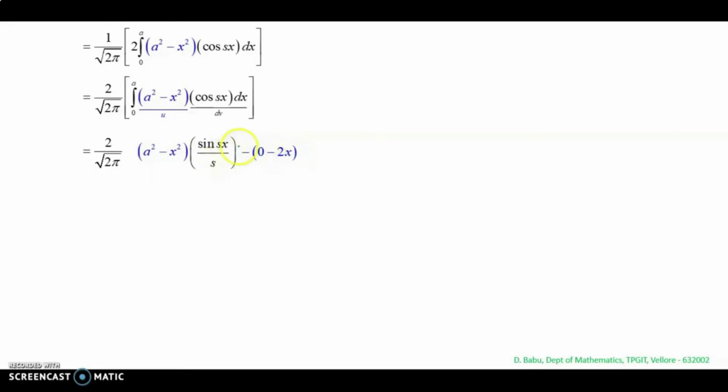Next, integrate the second bracketed term. Integration of sin sx is minus cos sx divided by s into s. Next, alternate sign, plus. Differentiate the first bracketed term, that is minus 2, and integrate the second bracketed term. Integration of cos is sin sx divided by s into s into s. Next, alternate sign, minus. Differentiate the first bracketed term, the differentiation of minus 2 is 0. So after this, all the terms are 0.